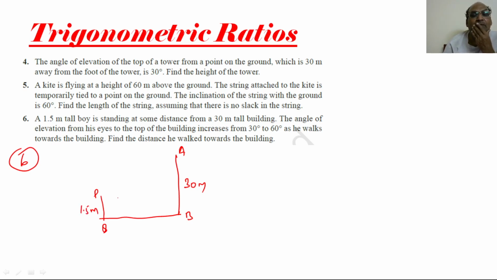The angle of elevation from his eyes to the top of the building increases from 30 to 60 degree as he walks towards the building.